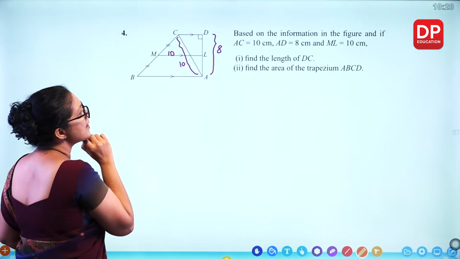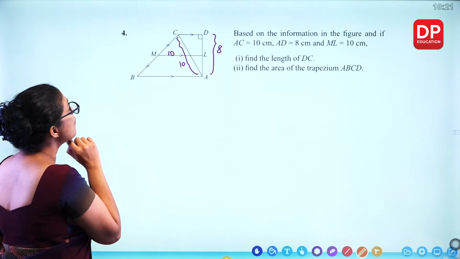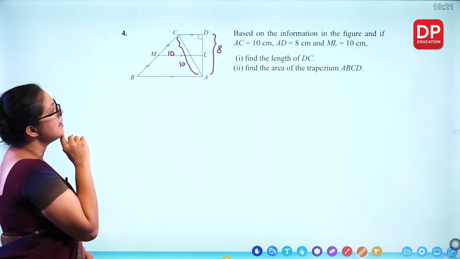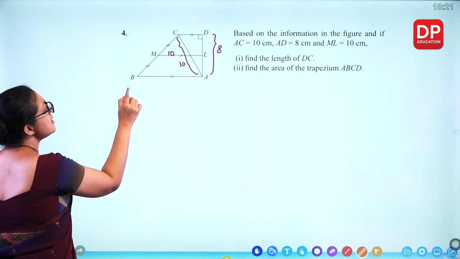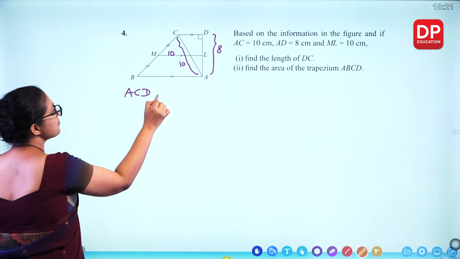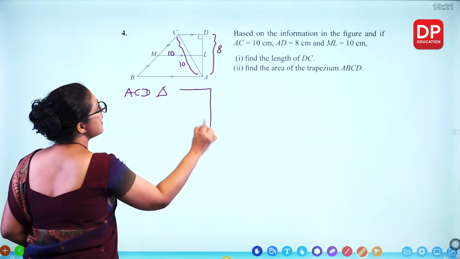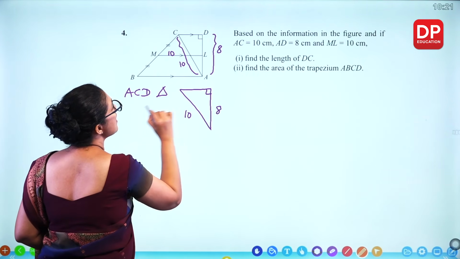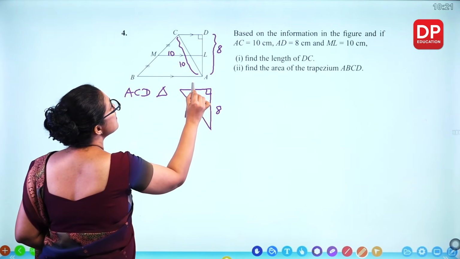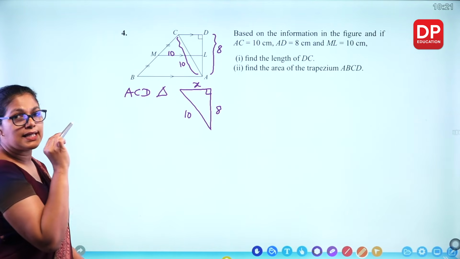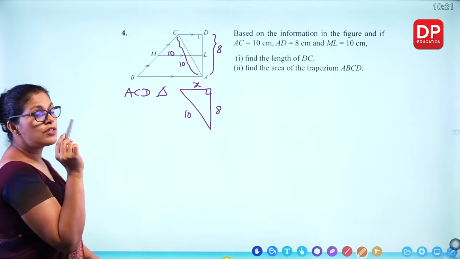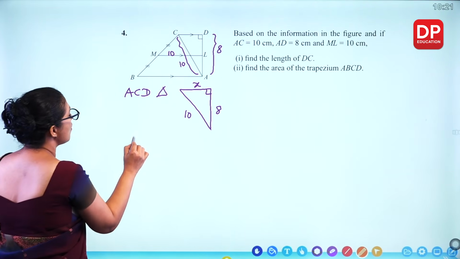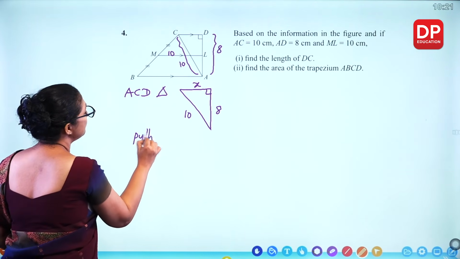This one is 10. Find the length of DC. Look at triangle ACD. This is a right angle triangle. This length is 10, this is 8, and this is CD. So you can use Pythagoras theorem.